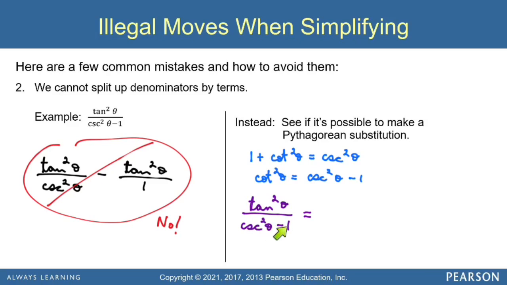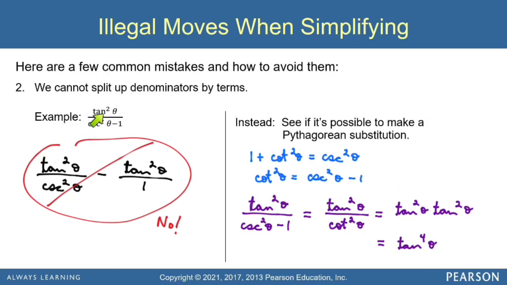We would replace these 2 terms with cotangent squared theta and then use a reciprocal identity to end up with tangent to the 4th theta. And I know I'm going through this kind of fast, but that's because we've already used this strategy in a previous example. I'm mostly focused here on showing you what you can't do. And then I just want you to see what strategy you can use. And as you practice, you'll get better and better at using these strategies.